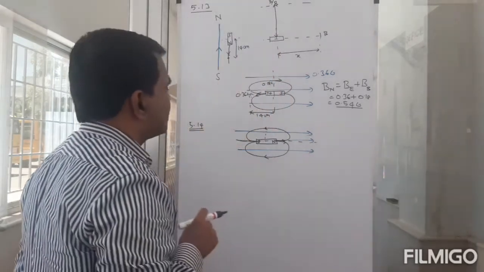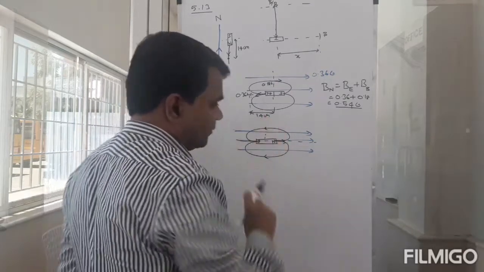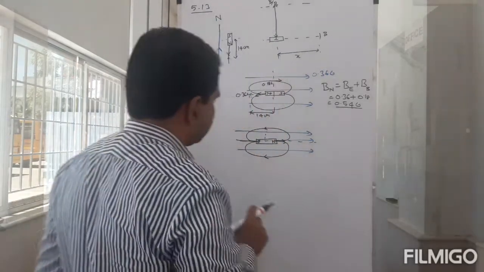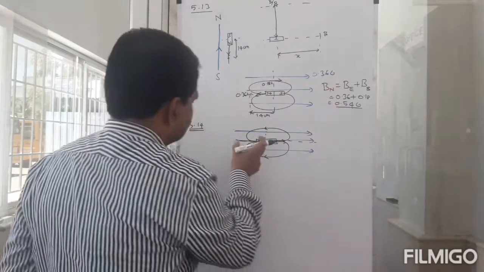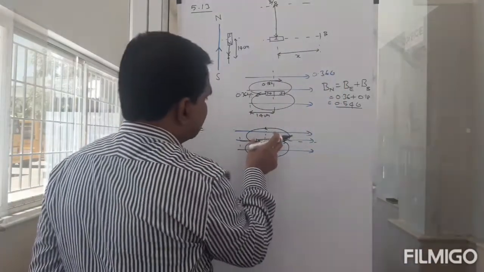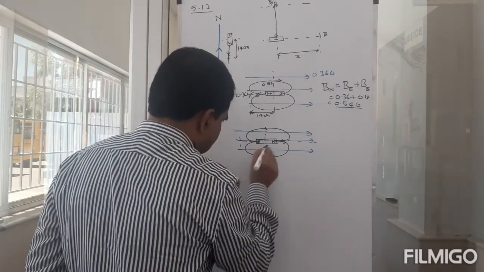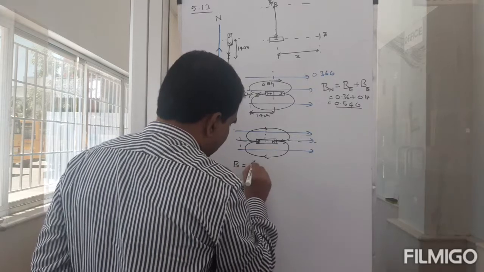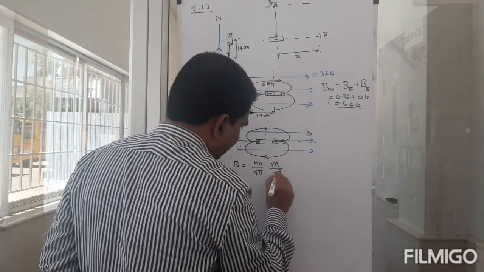Let's see. At 14 centimeters, I'll get some value. From that I can find the magnetic dipole moment of this magnet. First, B is equal to mu naught by 4 pi into M by R cube.